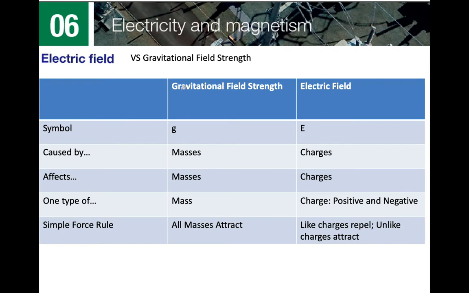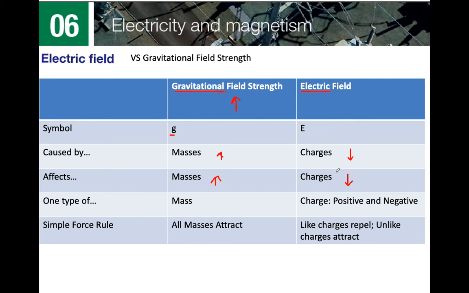So first of all, we've talked about gravitational fields before. That was g. Now we're talking about electric fields. Gravitational fields deal with incredibly large things like planets and solar systems and masses, while electrical fields deal with super small point charges.